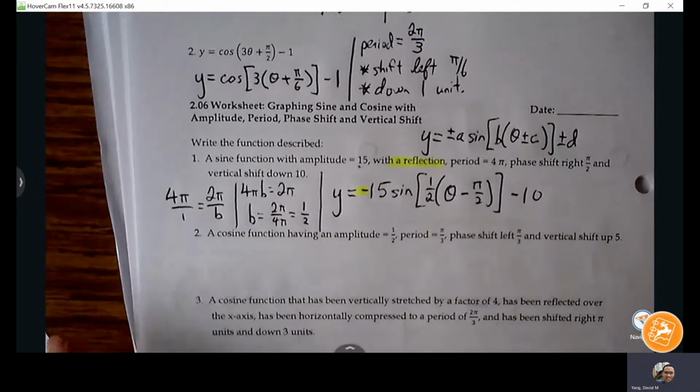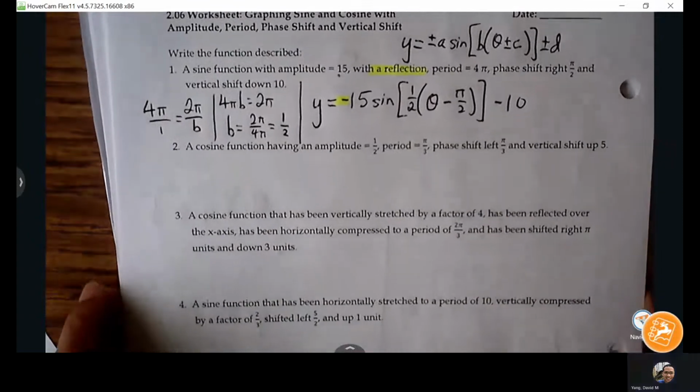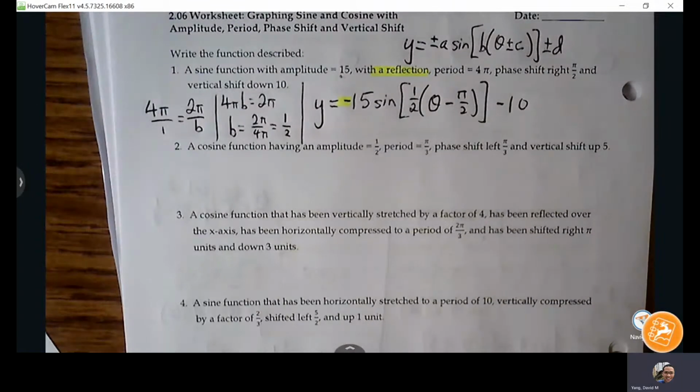All right. So I want you guys to try 2, 3, and 4. Really, the only work that's required is getting to that b value from the period. After you get that period value, then you should just be able to start inserting it into your equation. If you see the words vertical stretch or vertical compression, that's going to be dealing with your a value.